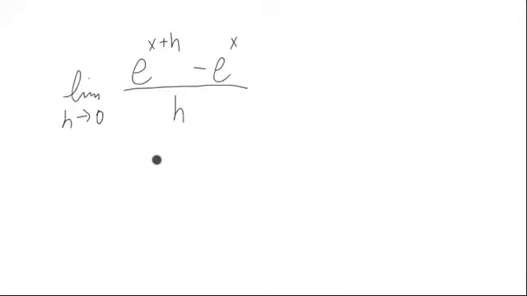Let's take the derivative of e to the x. To do that, we're going to put in x plus h and subtract e to the x, put this all over h and take a limit as h approaches 0. If we think about e to the x plus h as really being e to the x times e to the h, notice how the exponents add.